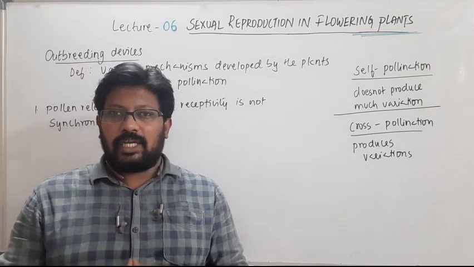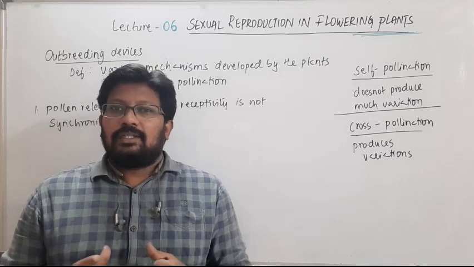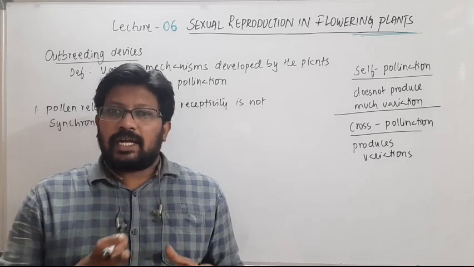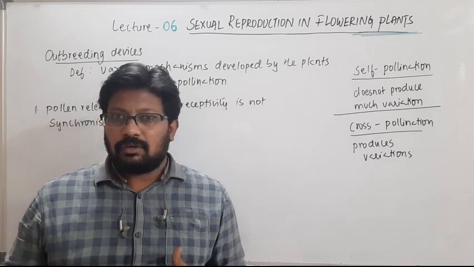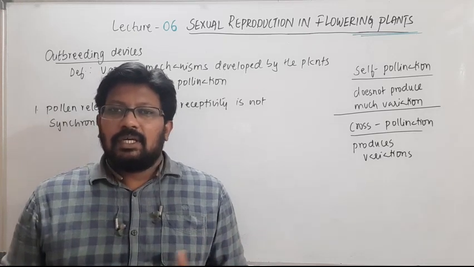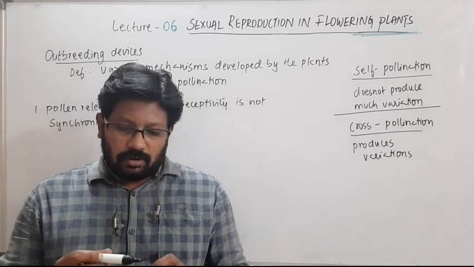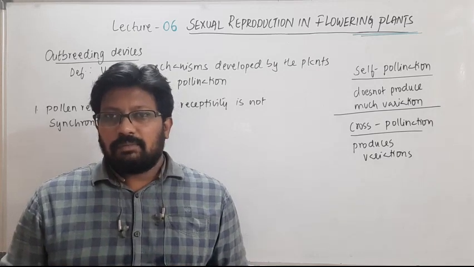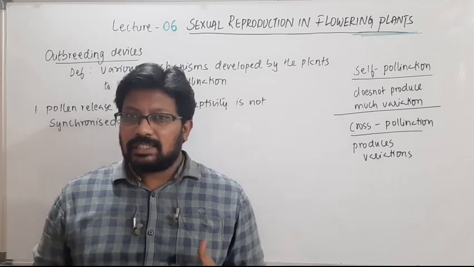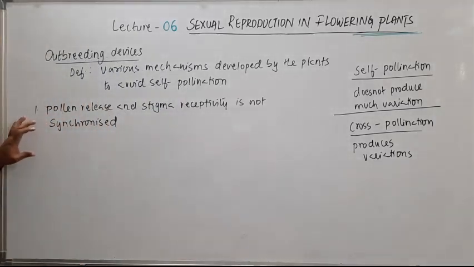And if they don't take place at the same time, say the male reproductive organ matures at one time, and after that the female reproductive organ may mature, or vice versa, it means both the reproductive organs do not come to maturity at the same time. Then I use the word not synchronized, right? So pollen release and stigma receptivity is not synchronized. That is one point which I will be discussing in detail shortly.